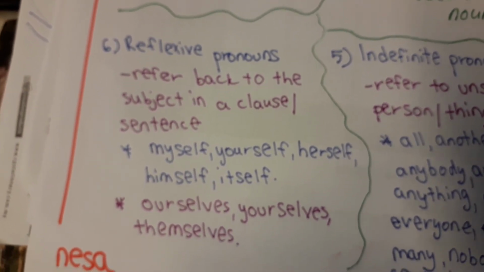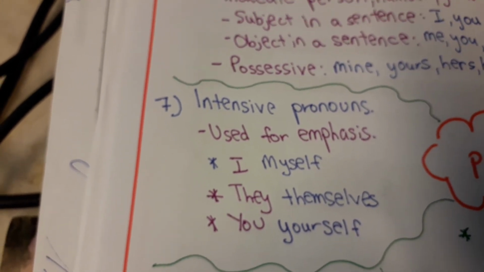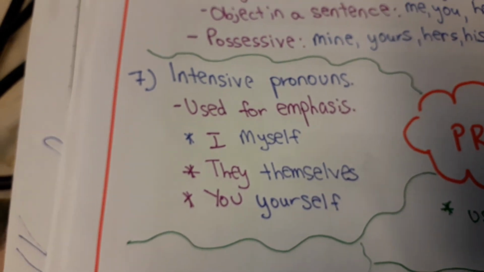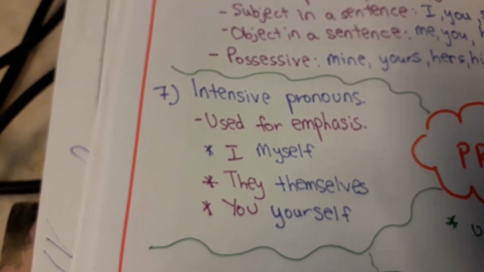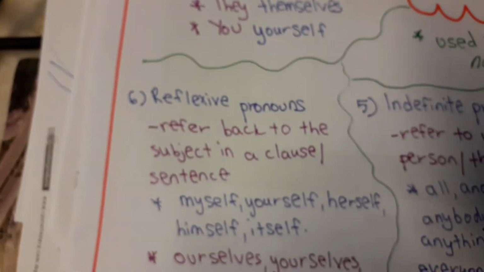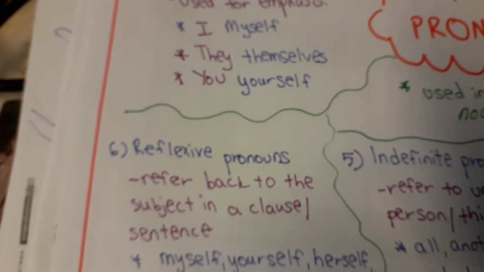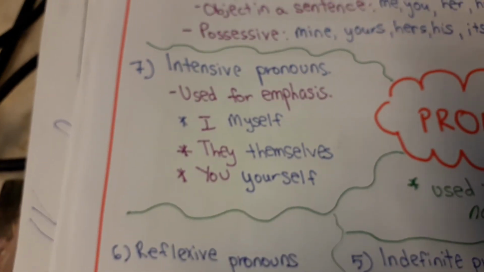But here, if you are using it as an intensive pronoun for emphasis, you could say I myself built the house. Now I know that this seems a bit confusing because the same word is called by different terms.